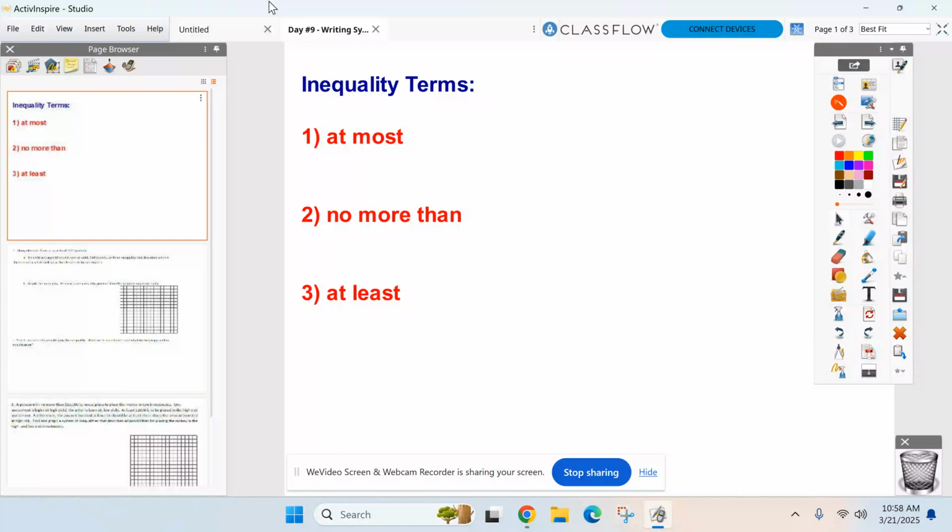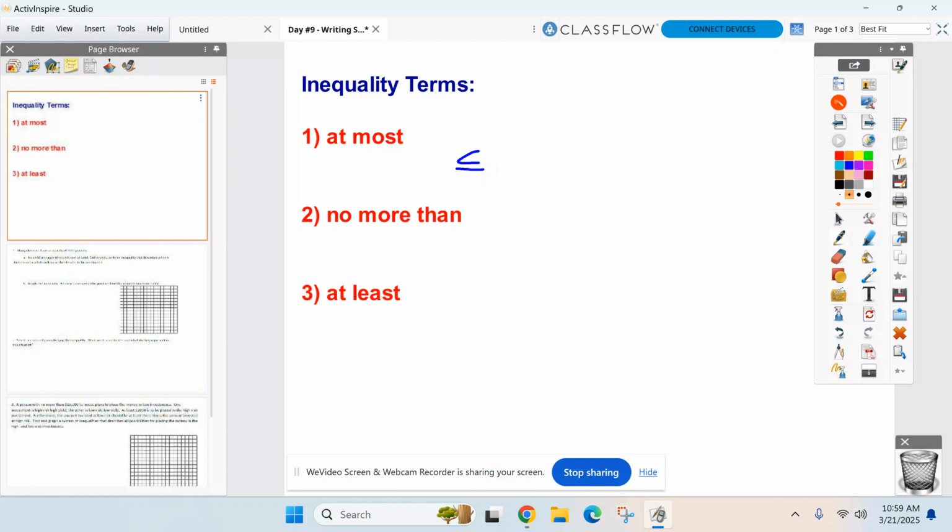That means I have 10 or less, so for at most we throw a less than or equal to sign there, because I don't have more than 10.